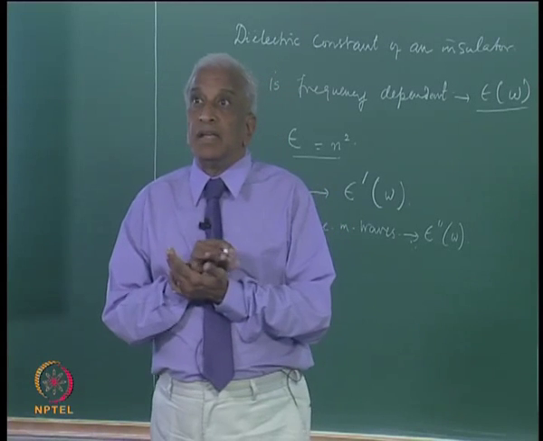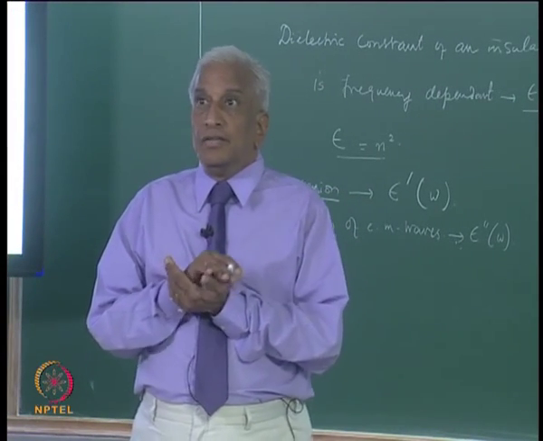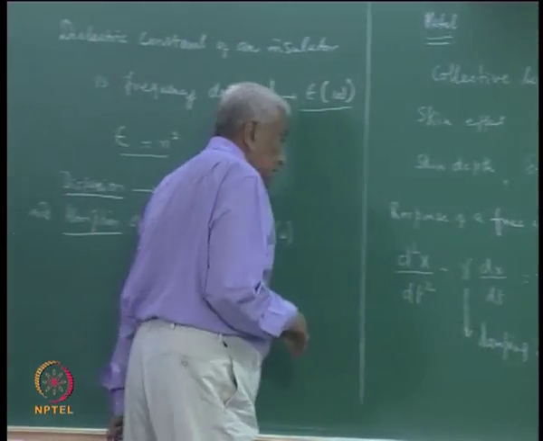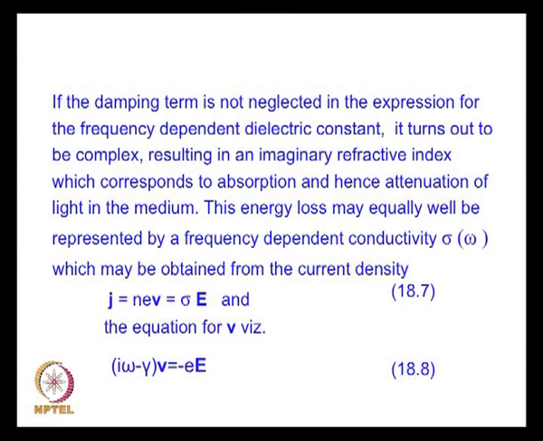Because the light is attenuated, there is an energy loss, and this energy loss may equally well be described in terms of a frequency dependent conductivity. This is known as the AC electrical conductivity.